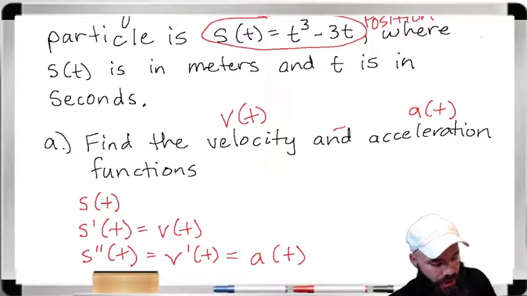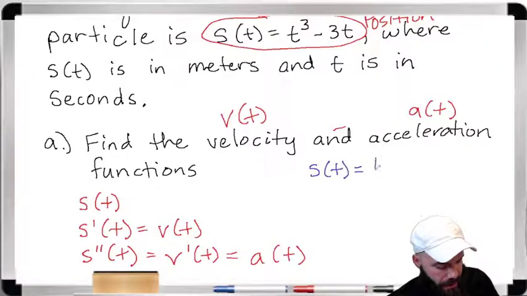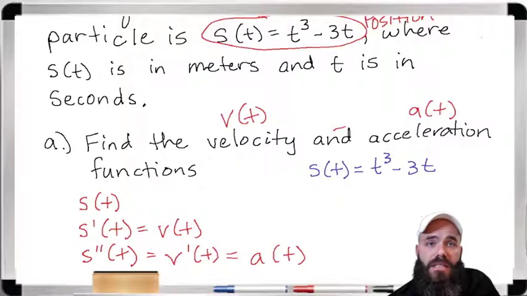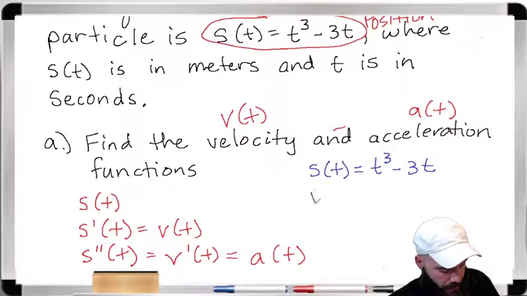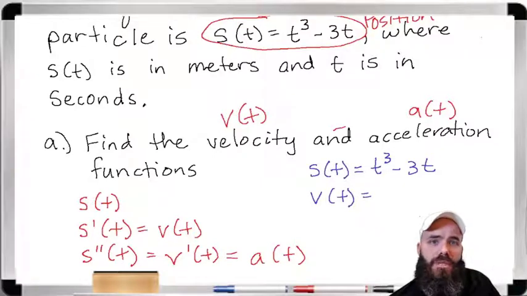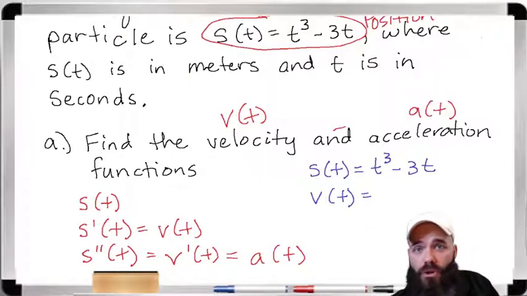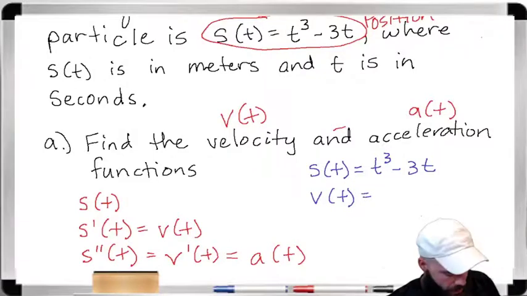So in blue, we'll say if s of t is t to the third minus 3t, then the velocity function is the first derivative, which is, using the power rule, the derivative of t to the third is 3t squared.